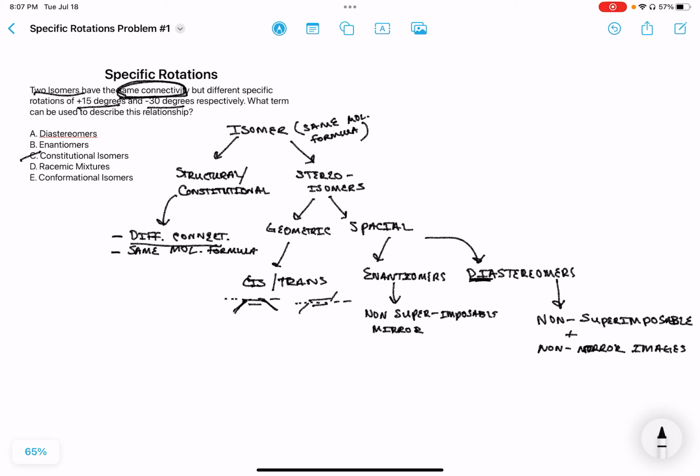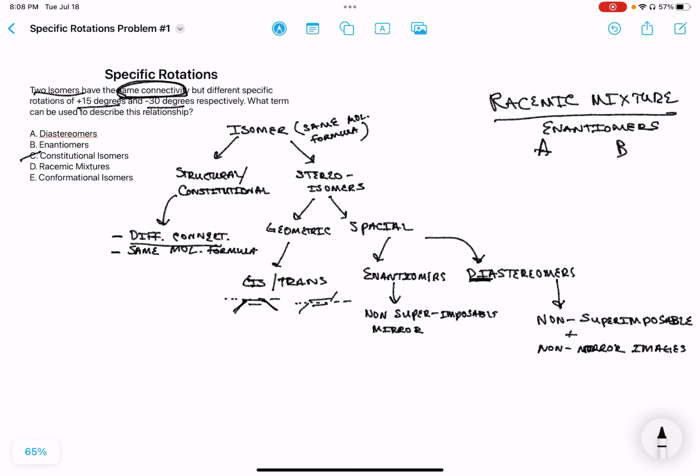If we have a racemic mixture, we have two molecules that are enantiomers of each other, enantiomer A and B, non-superimposable mirror images.